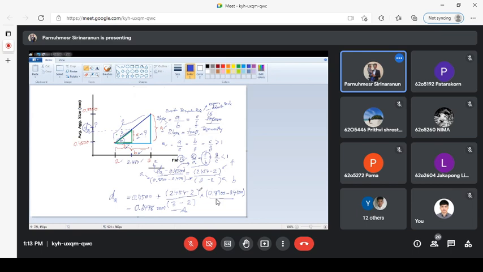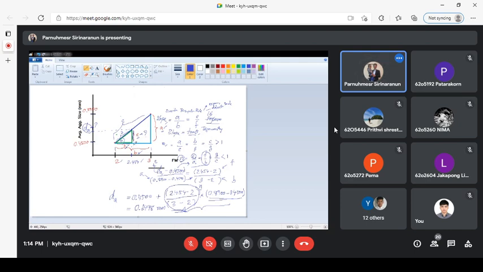Everybody must practice a lot, because this number is a reduction scale. When you know the reduction scale, you can use it to multiply to the side of the larger triangle, and you get the side of the smaller triangle.